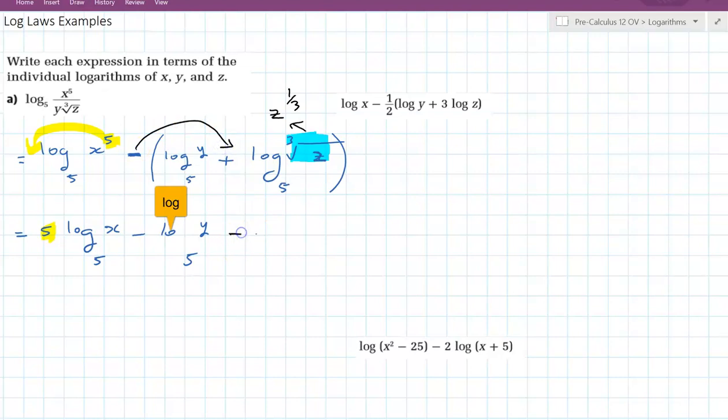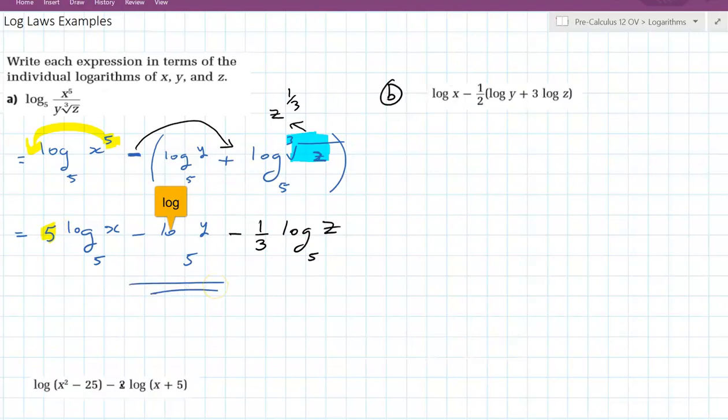So it would be negative 1/3 log of z base 5. Okay, and that's all you can do, and then you let it be. So don't forget there's a 5 in front here, and that's basically it. That's the answer.